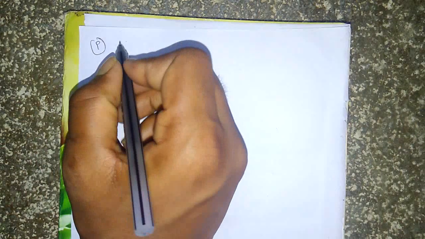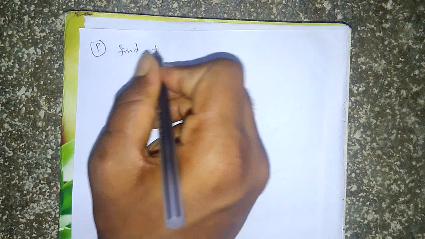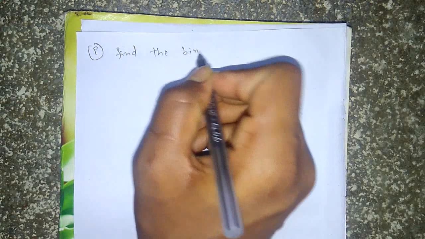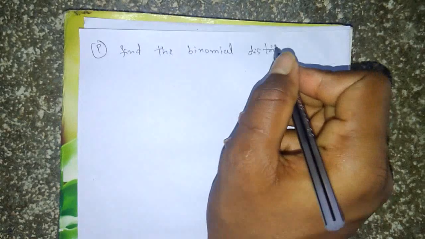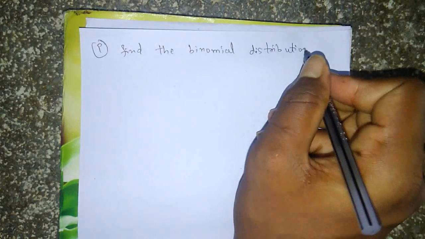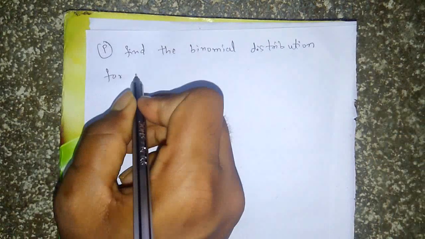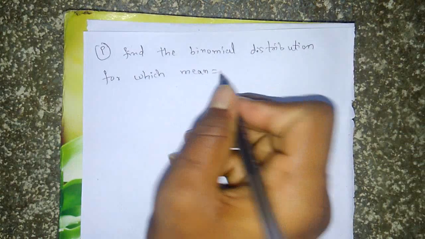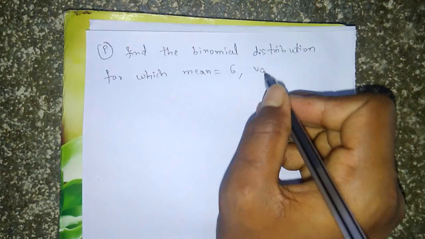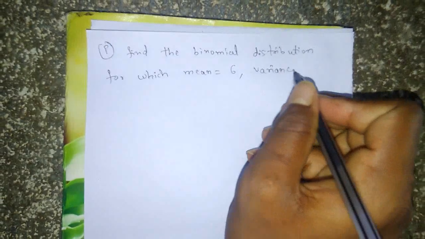Our next problem is: find the binomial distribution for which mean is equal to 6 and variance is equal to 2.